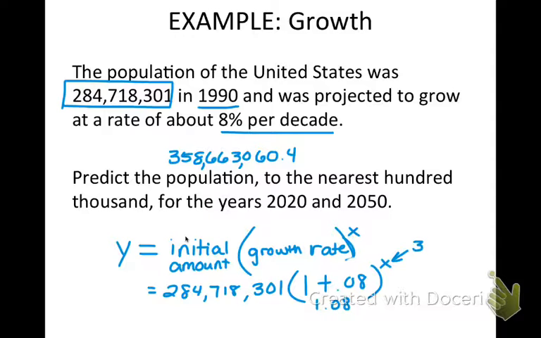Second and enter gets you to the entry. So I'm getting 451,812,161.1. So 451 million and 800,000 if we were rounding that to the nearest hundred thousand.